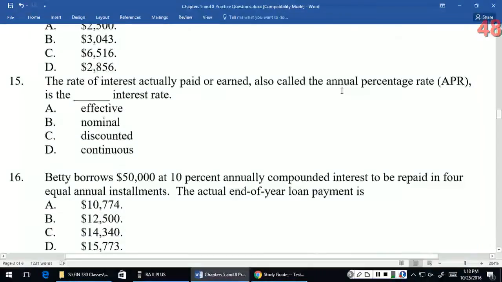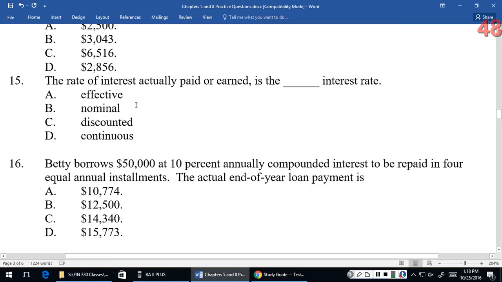Okay, number 15 actually is not a good question. It says the rate of interest actually paid or earned, also called the APR, is called, I should actually take this part out. If this part were not there, then what would be the answer? A, the effective rate of interest.